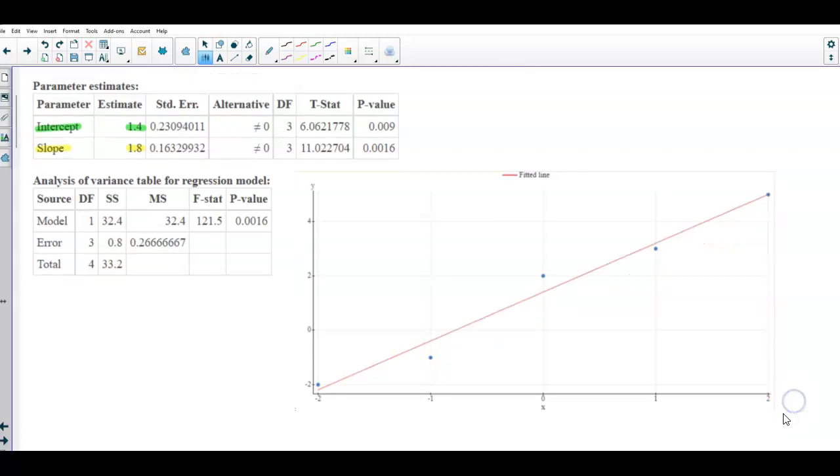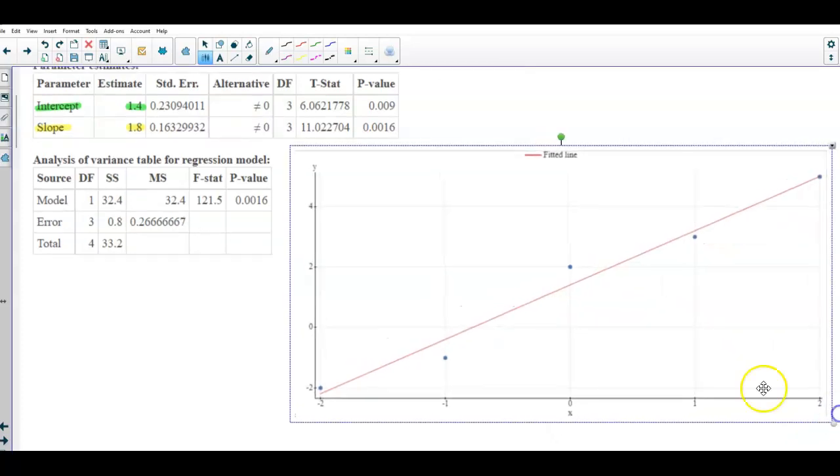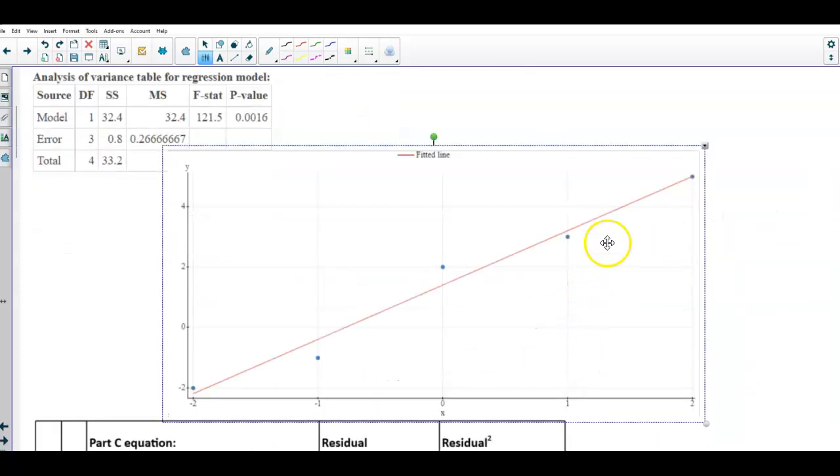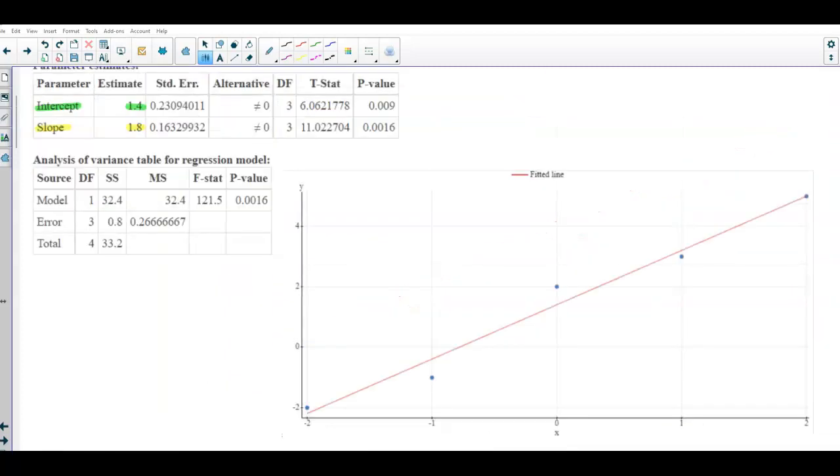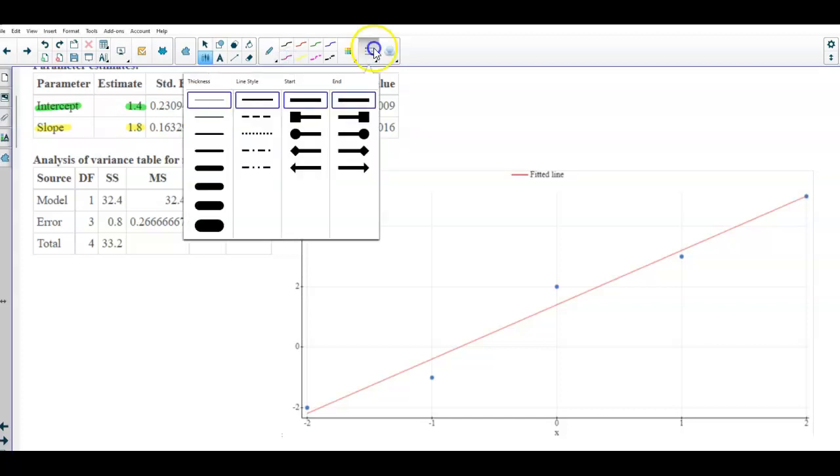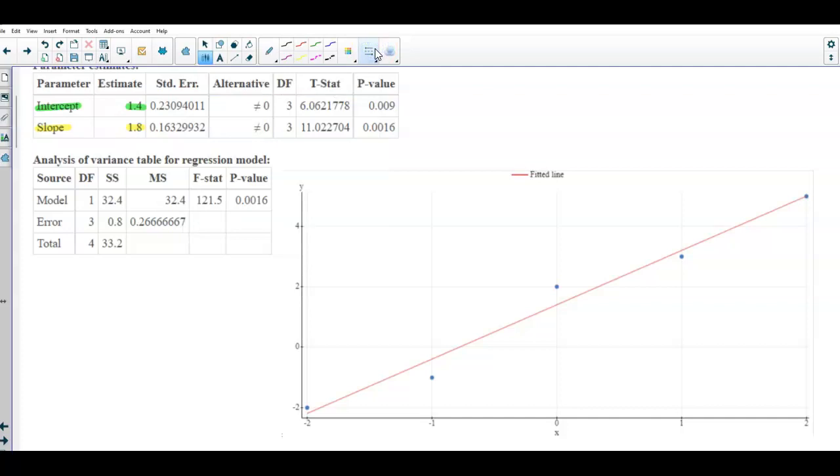When we take a look at this graph, there's some information I want us to pay attention to. Let's first determine the horizontal axis. I'm going to find where the X and Y axes are located.